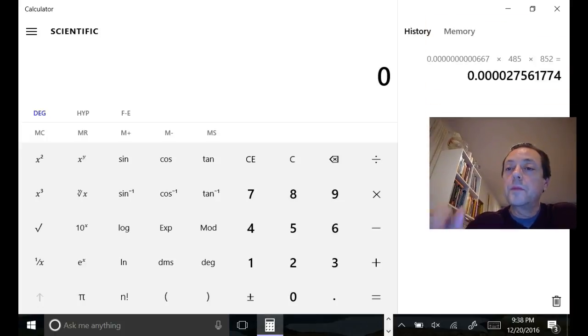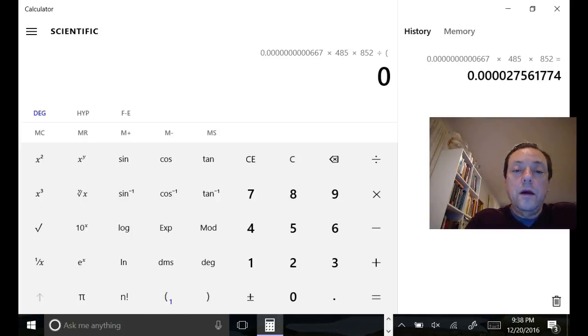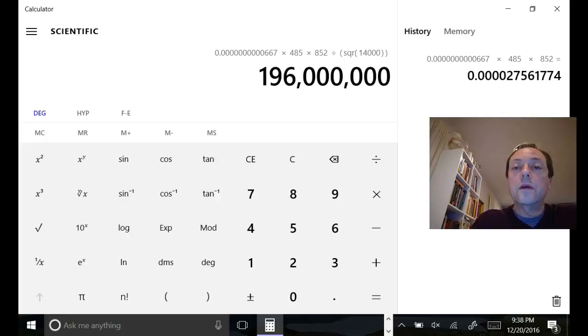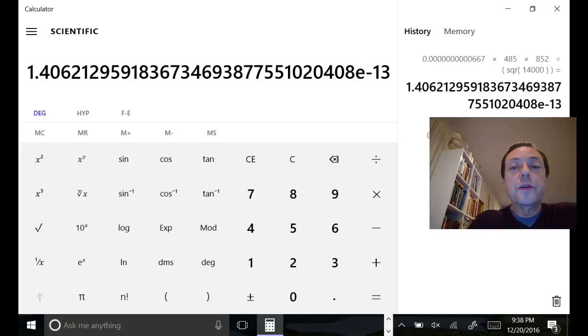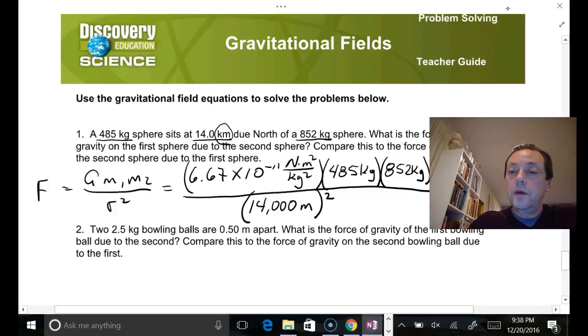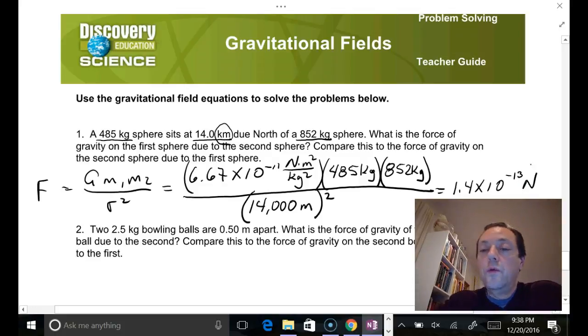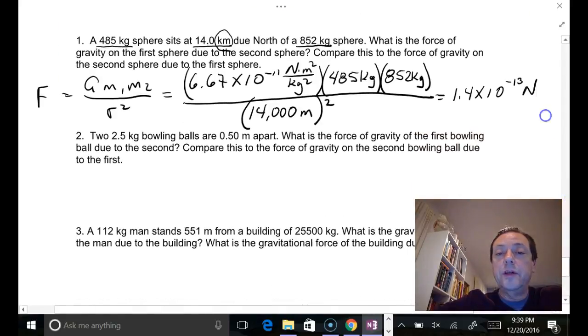That's going to be about 1.4 times 10 to the minus 13 newtons, or 0.14 picometers if you're familiar with the metric abbreviations. That's a really, really tiny force.